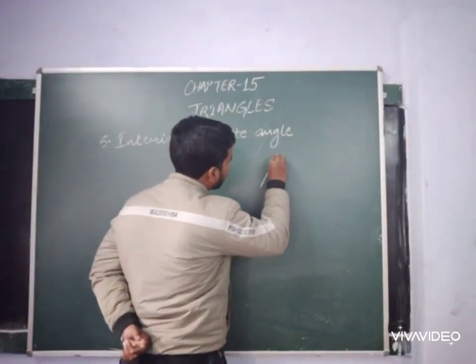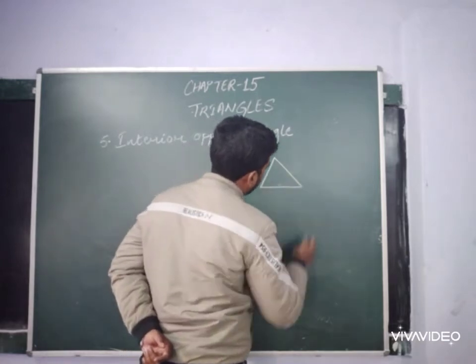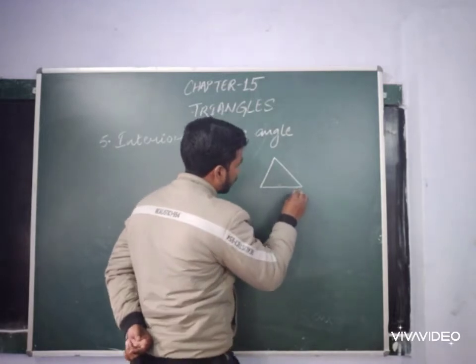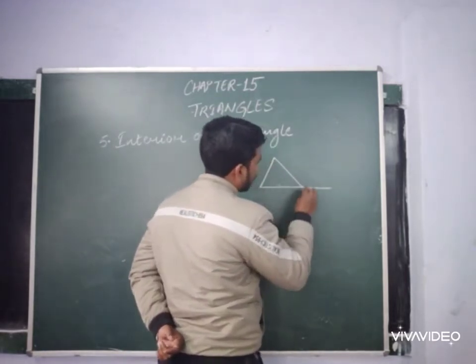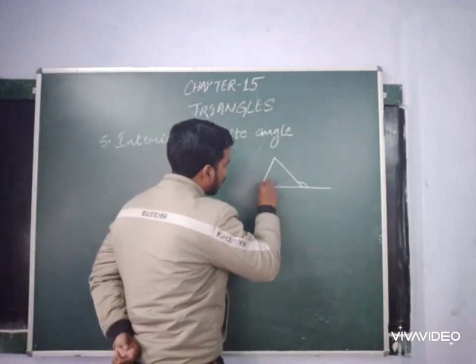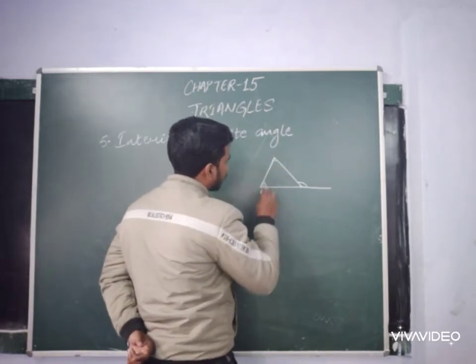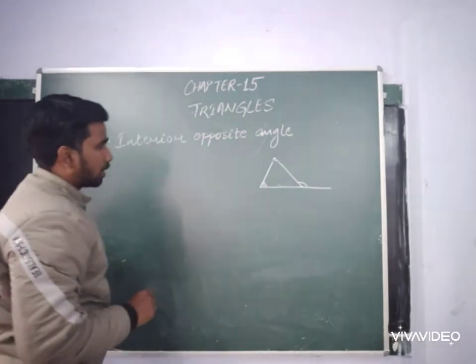Again, here you can see that I have made a figure of a triangle. Clear? So if we are producing this line, here one angle is forming. And there are three angles which are inside of this triangle.